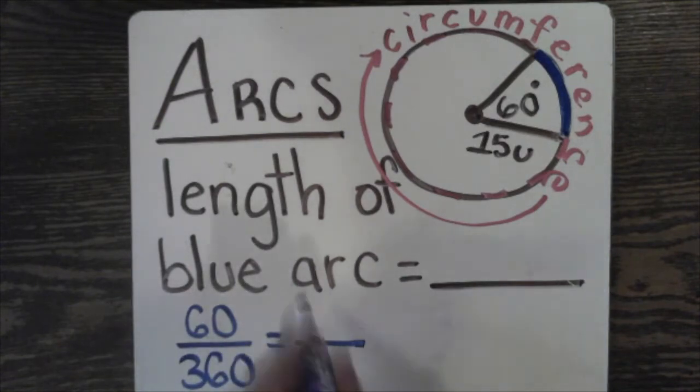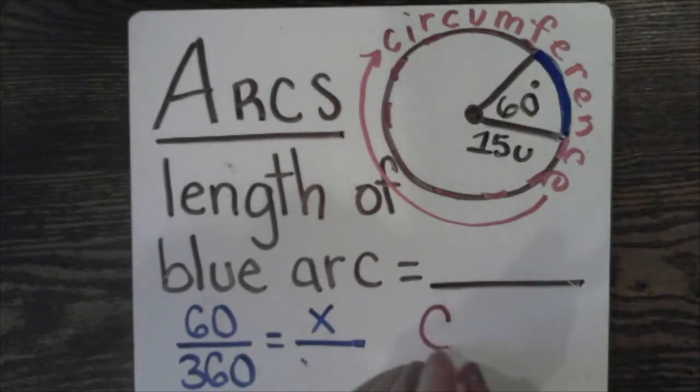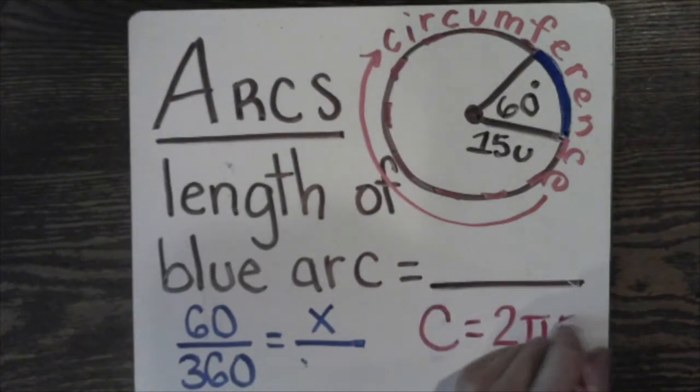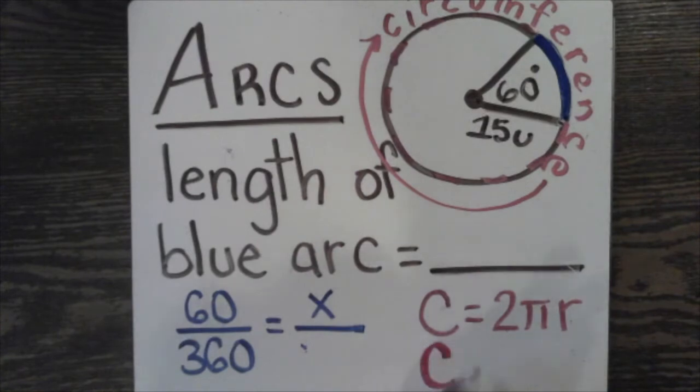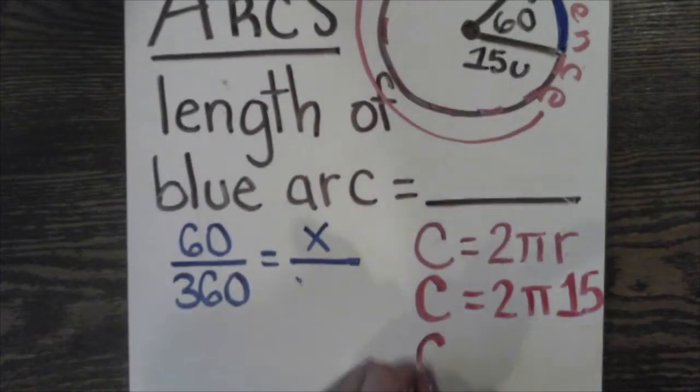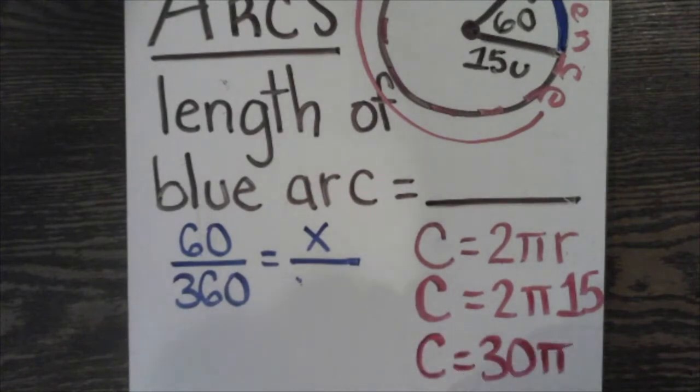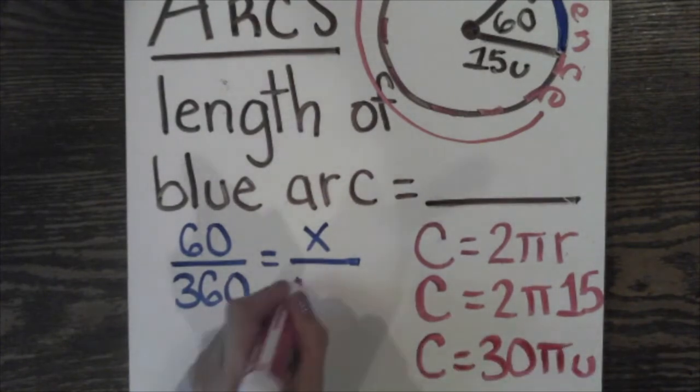I don't know the length of my arc. Notice I'm not asking about area, I am asking about length. But I do know the length of the circumference all around. That is 2 pi r, where r is 15, because my radius is given as 15. 2 times 15 is 30, so my circumference is 30 pi.